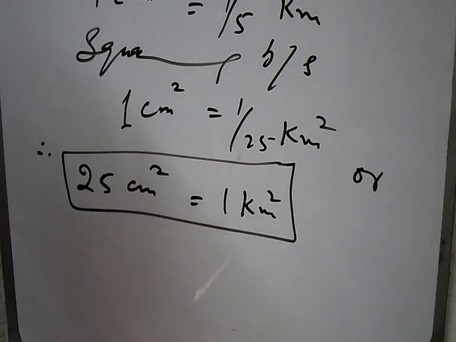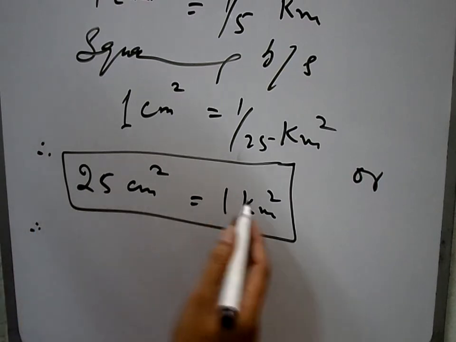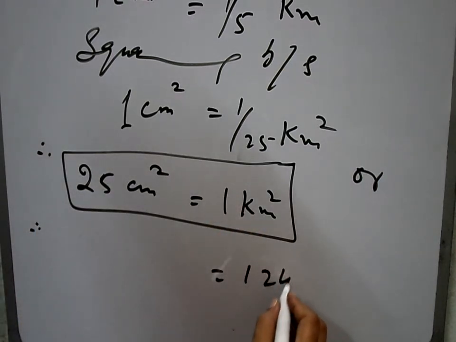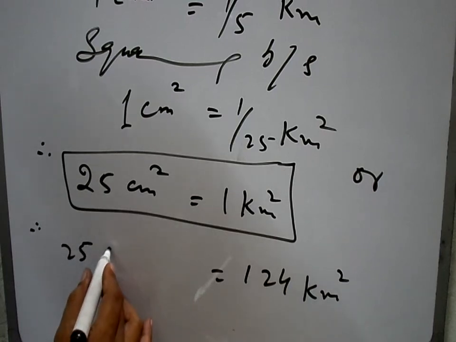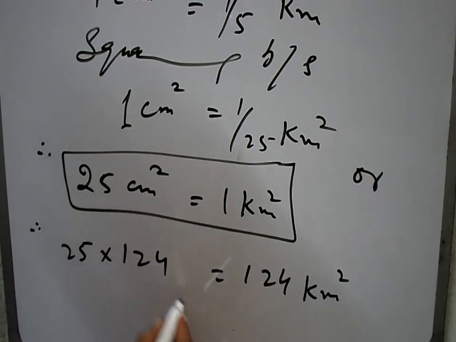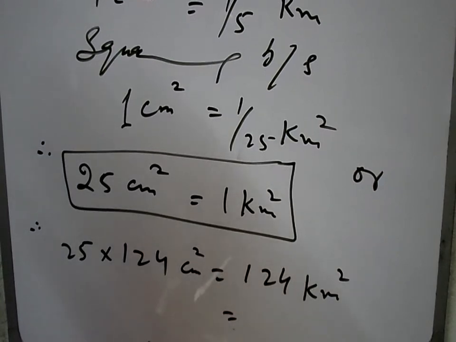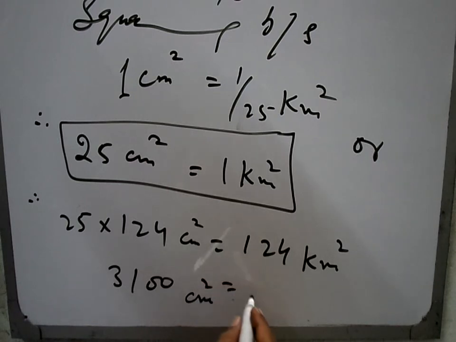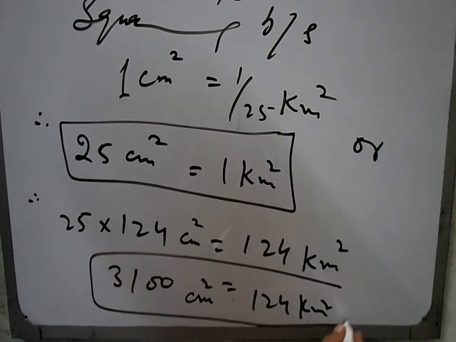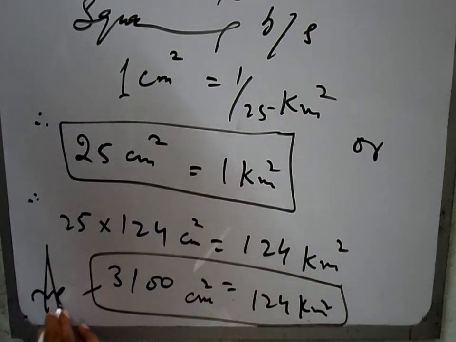So if you need 124 kilometer square area, very much simple, multiply 25 by 124, so it will be equal to 3100 centimeter square, representing 124 kilometer square area. So that is your answer.